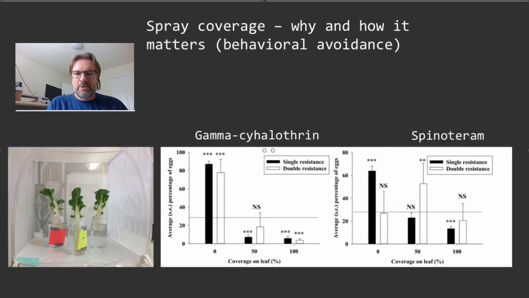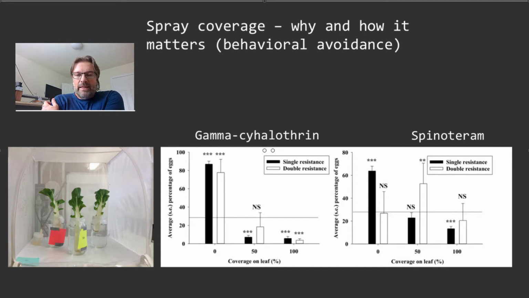And we did experiments with 2 different strains of diamondback moths. And you can see in the graph, especially the one in the middle, when we used gamma cyhalothrin, that both strains strongly preferred to lay eggs on the non-treated leaf.